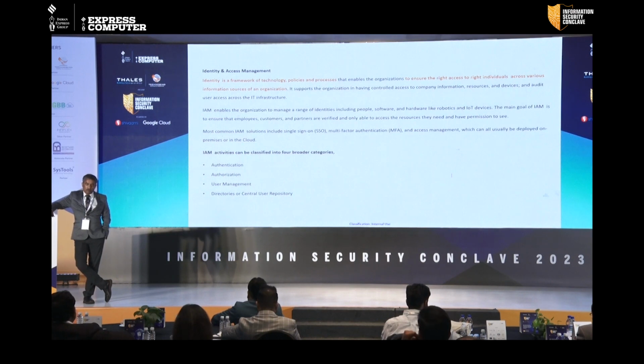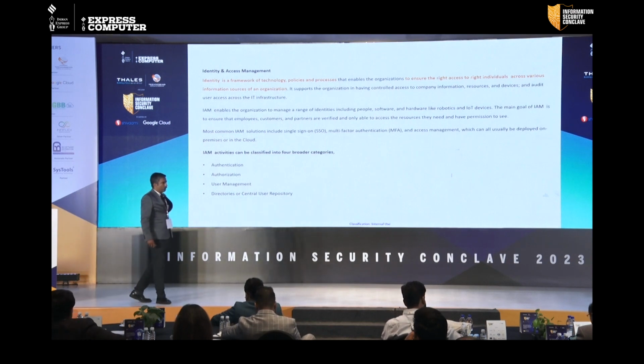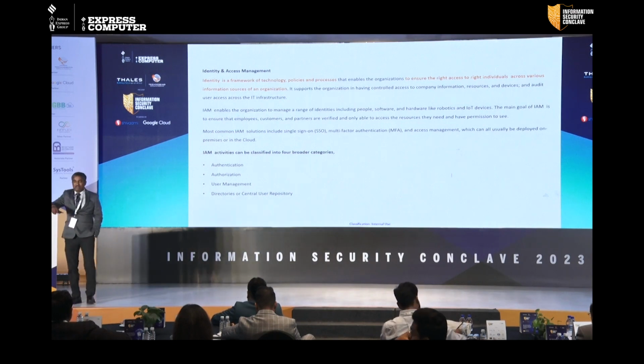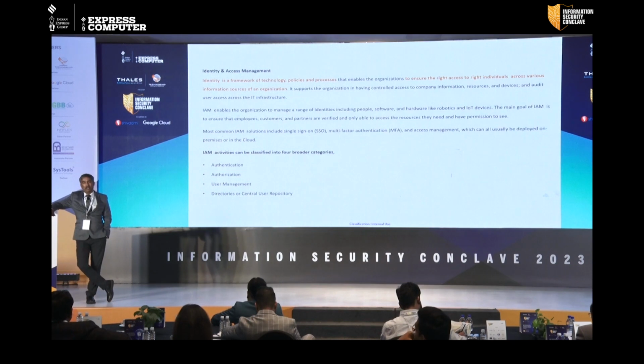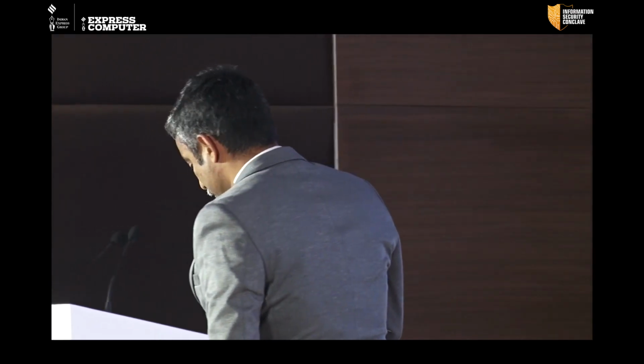The four activities which can be achieved through identity and access management are authorization, authentication, effective user management, and control over the user repositories. These are the basic key pillars we are supposed to gain from having an effective identity and access management in-house.